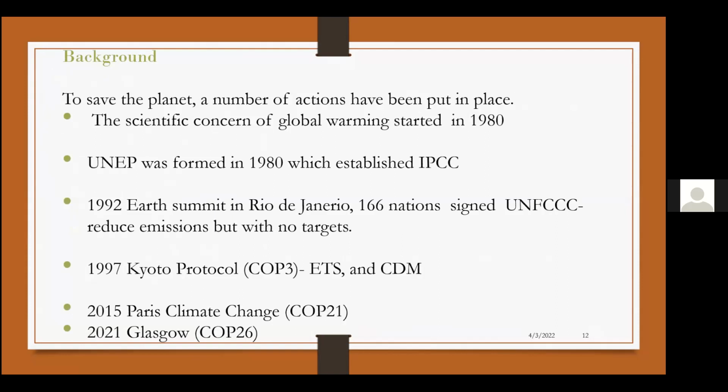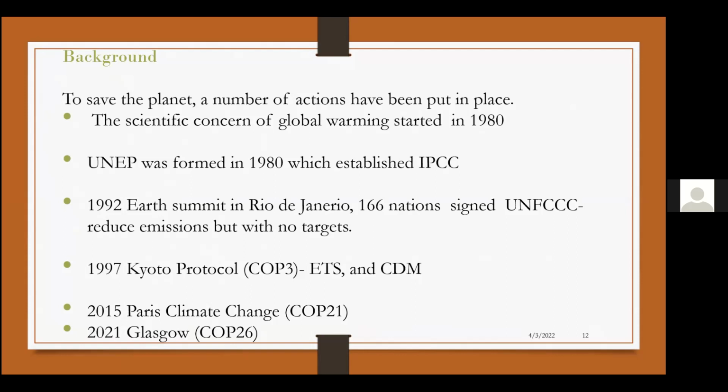To save the planet, a number of actions have been put in place from the scientific point of view. The scientists have not left things without taking care. The United Nations Environment Programme was formed in 1980, which established the Intergovernmental Panel on Climate Change, and they started doing their work.